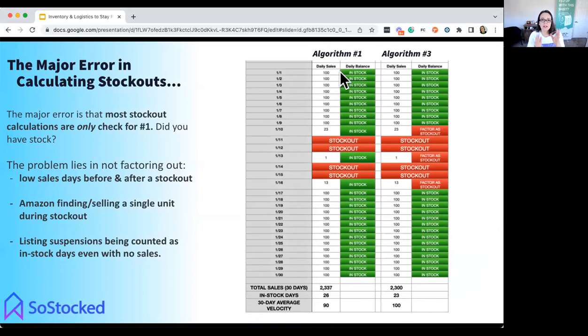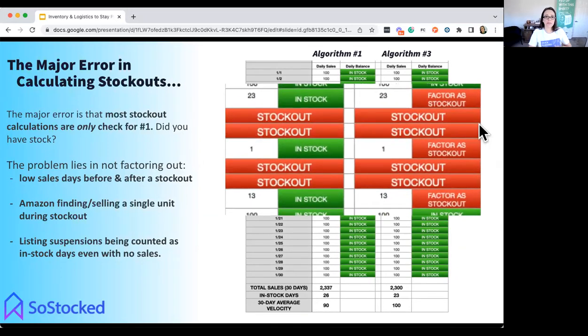So let's look at algorithm 1, how they handle stockouts, versus algorithm 3, which is essentially how we handle stockouts. If you looked at the pattern, the daily sales velocity was around 100 units a day. In one scenario, you could count the 0 days, the 0 sales days, as stockouts, and then if there were any sales during those other days, they would be counted as in-stock days.